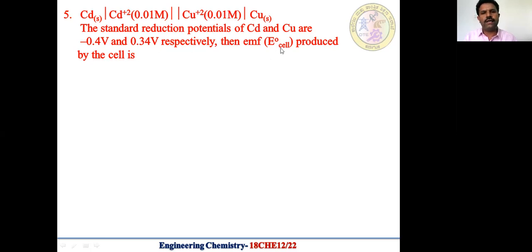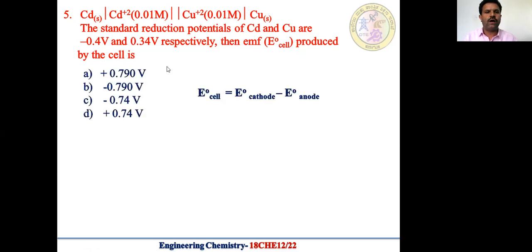Then the standard EMF produced by the cell is option A plus 0.790 volt, option B minus 0.790 volt, option C minus 0.74 volt, option D plus 0.74 volt.